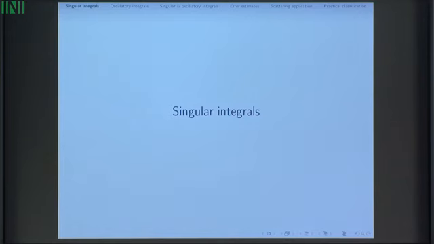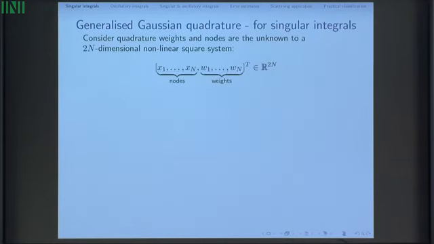Okay, so singular integrals. One way to interpret generalized Gaussian quadrature is to reformulate the problem for regular Gaussian quadrature by imagining that you're solving a 2n-dimensional nonlinear square system, and the solution to this system is your nodes and weights bolted together in a vector.